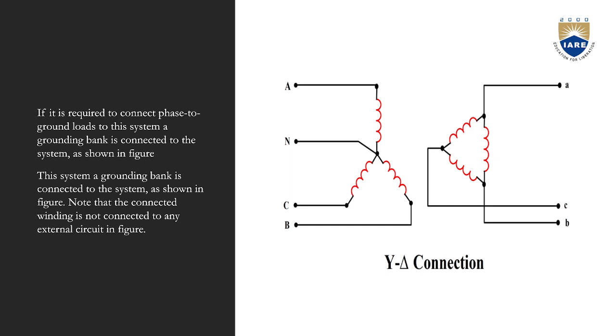If it is required to connect phase to ground loads to the system, a grounding bank is connected to the system as shown in the figure. Note that the delta connected winding is not connected to any external circuit in the figure.